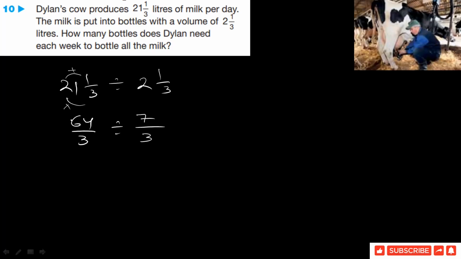Now we keep this same, then change, then flip. We get this expression: 64 by 3 into 3 by 7. Now we cancel this 3 and we get 1. Now we have 64 upon 7. So 64 upon 7 liters is what he will bottle in a day.